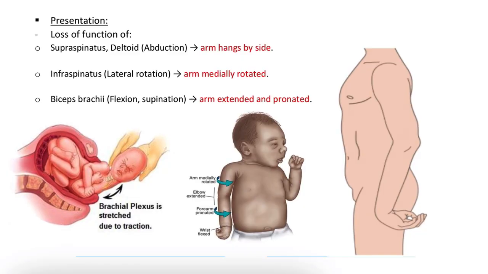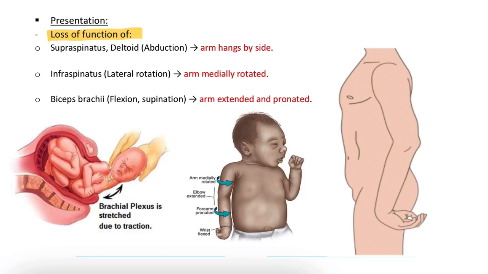Okay, in presentation, loss of function of supraspinatus and deltoid muscle. The patient can't perform abduction, so the arm hangs by the side. With infraspinatus affected, lateral rotation is lost, so the arm is medially rotated. With biceps brachii affected, flexion and supination are lost, so the arm is extended and pronated.